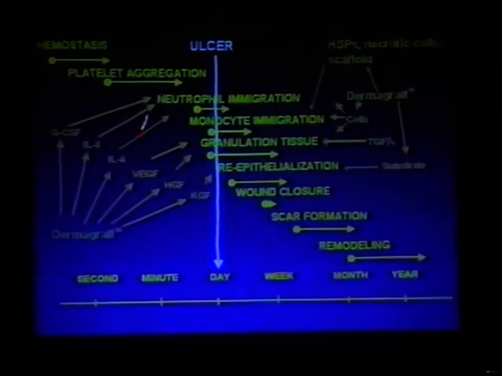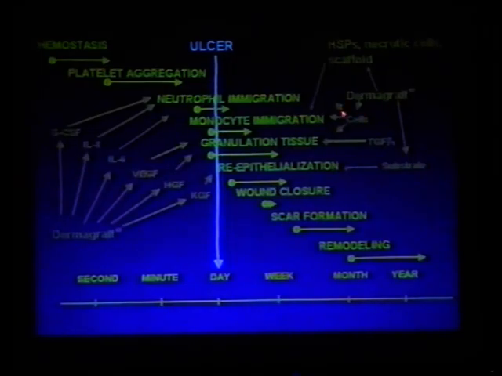What I emphasized at the beginning is that the activity of Dermagraft is a combination of all these things. So this yellow path through here is what happens in acute wound healing, which has been arrested in an ulcer.